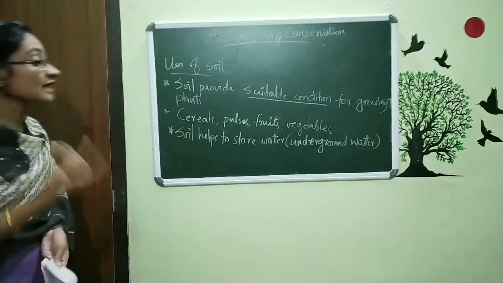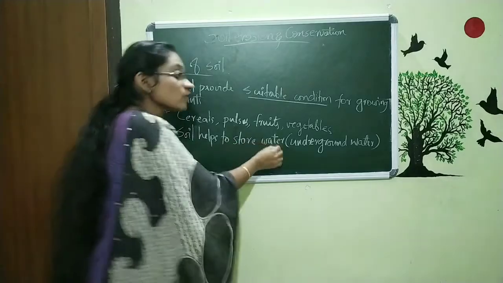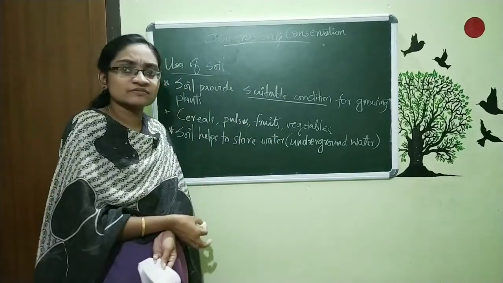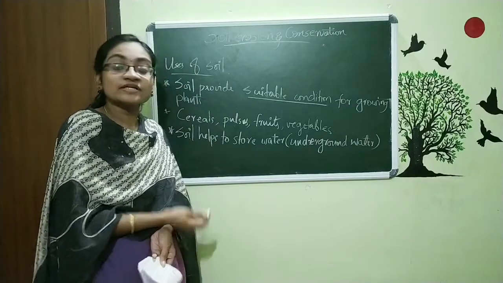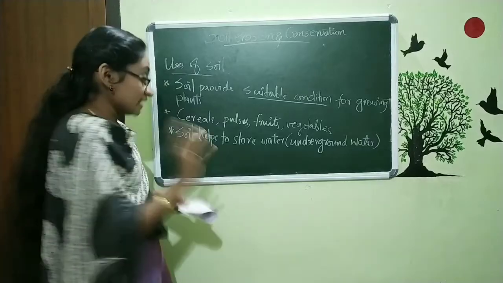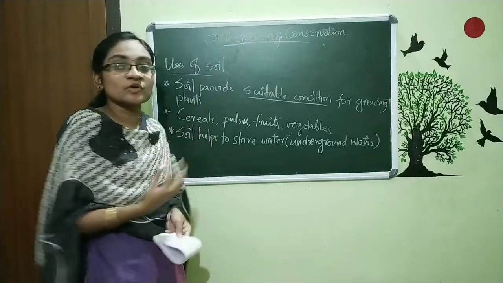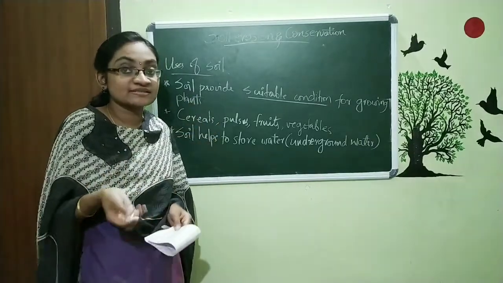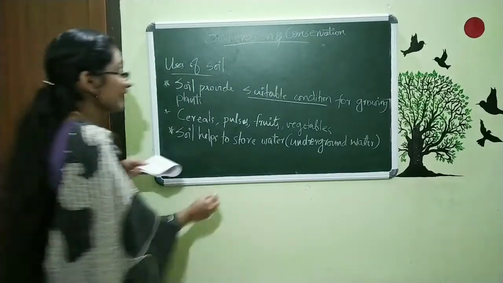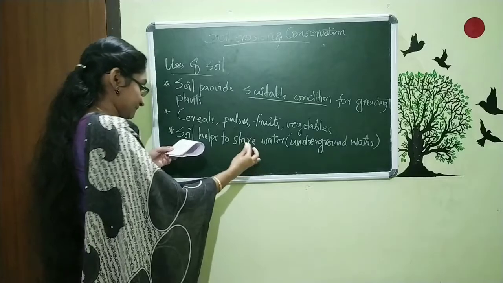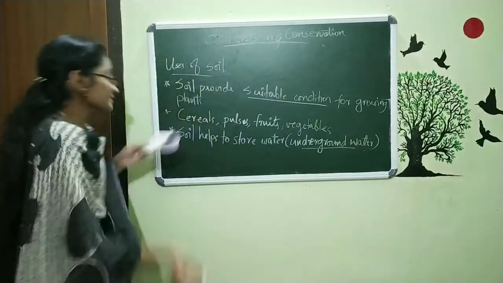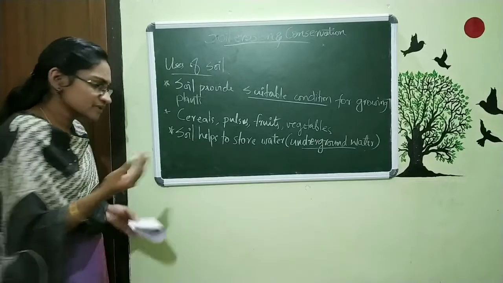So, soil helps to store water, that means the underground water. For what are we using this water? We want water to drink, to grow plants, and for all things water is needed. Water is one of the important components in our body, and we already discussed this in our previous chapters. So this soil helps to store underground water, and we can utilize it for drinking purpose.